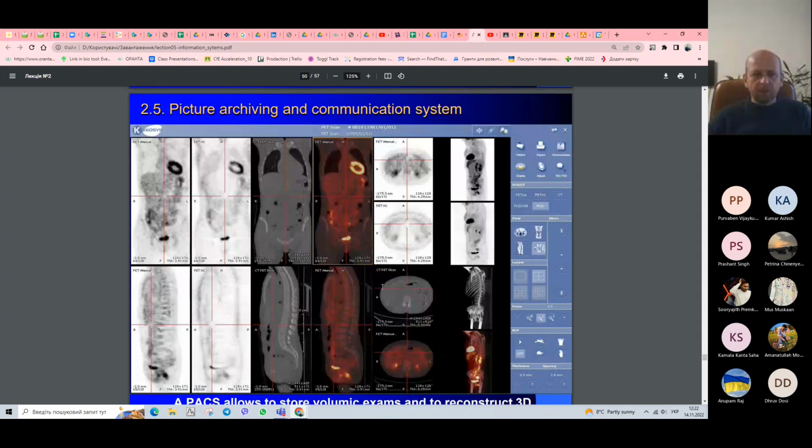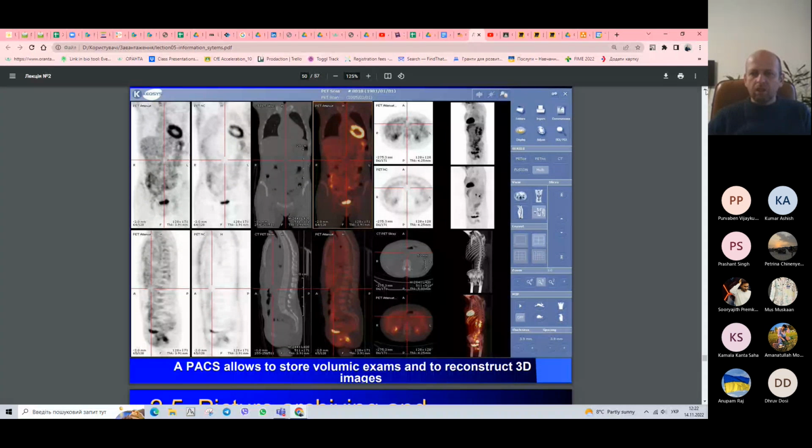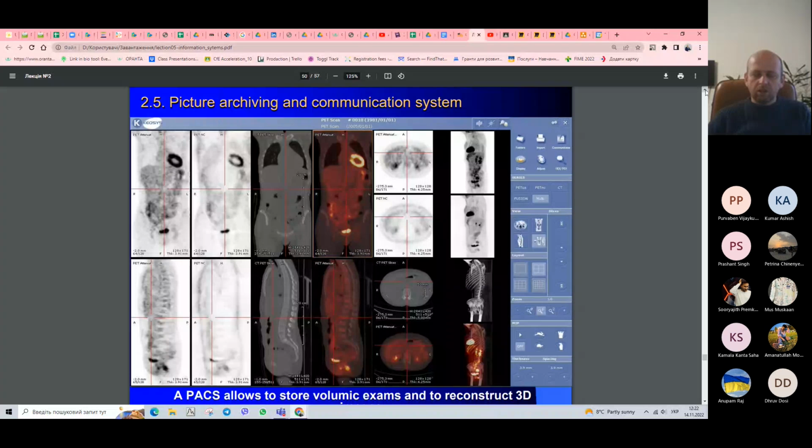Now you can find some examples of pictures which can be archived from the radiology information system. For example, you can find X-ray, computer tomography, different kinds of equipment which can provide data.